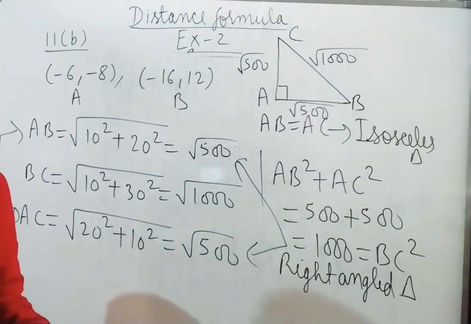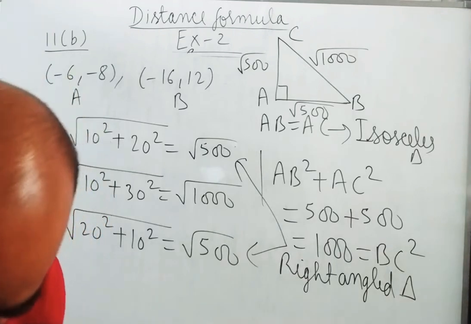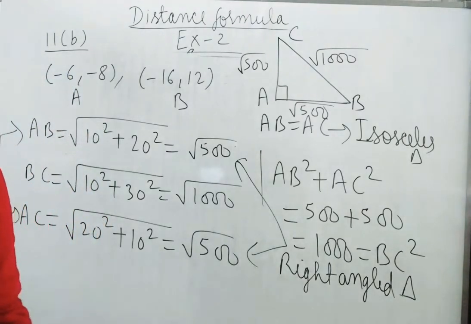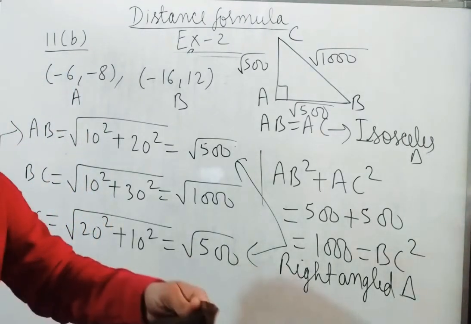Now one more, 12A. Two vertices are given. We have to find the third vertex.